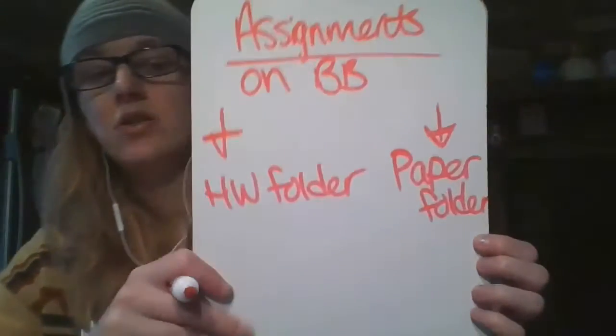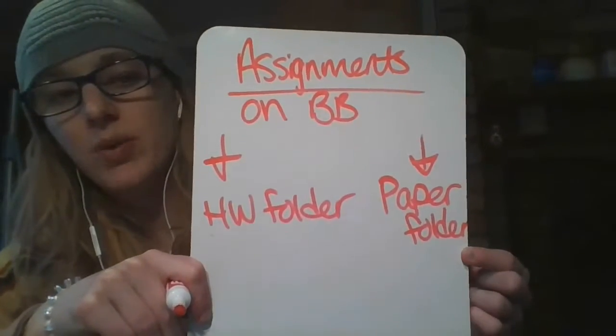Remember, the assignment is separated on the assignments folder. So if you go into assignments and exams, you have the homework folder that you want to check, and you have the paper folder. The paper folder is where you're going to submit the presentation and the paper.